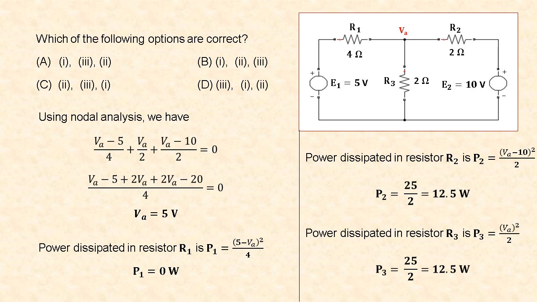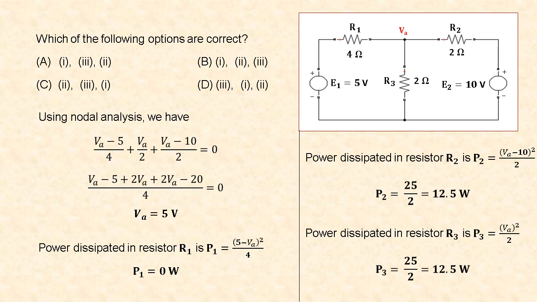Since here all the currents are leaving the node A, taking 4 as the LCM, we have VA minus 5 plus 2 into VA plus 2 into VA minus 20 is equal to 0. So simplifying, we have VA is equal to 5 volt.